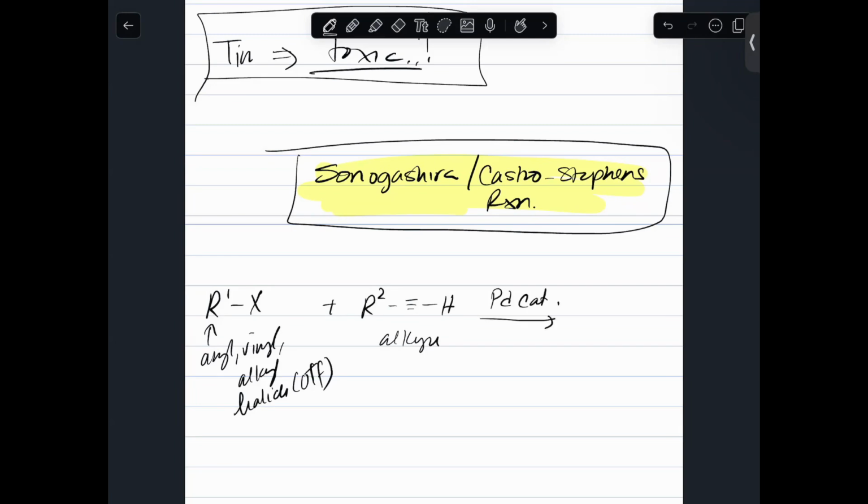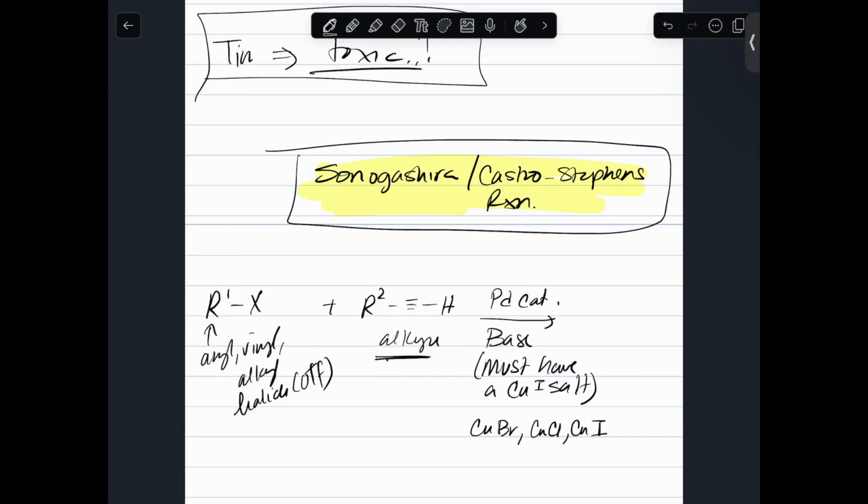Okay. Now, in this case, not only do you need a base, just like in the Heck reaction, and not only do you need a pi bond, just like in the Heck reaction, but you also must have a copper 1 salt. So typically it's copper bromide, copper chloride, or copper iodide.